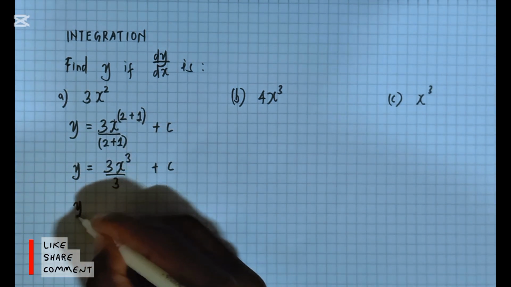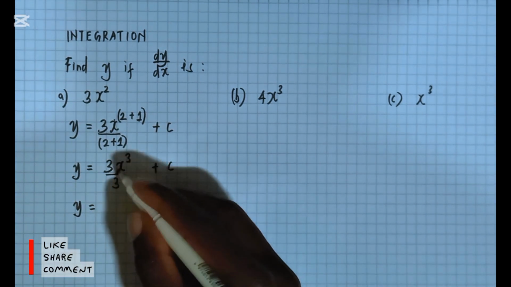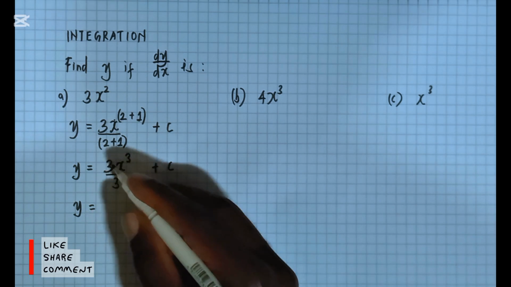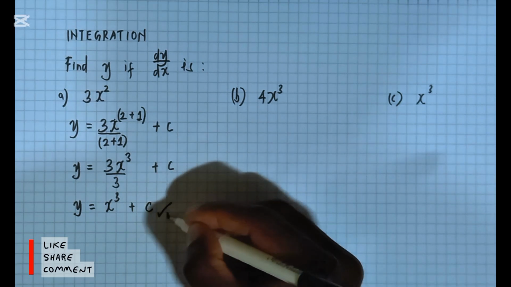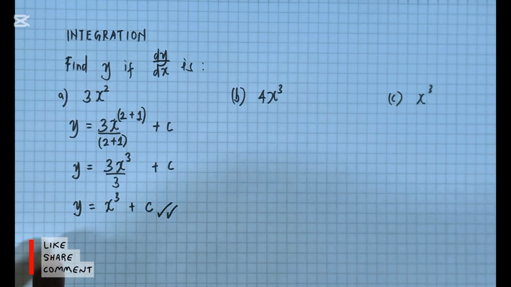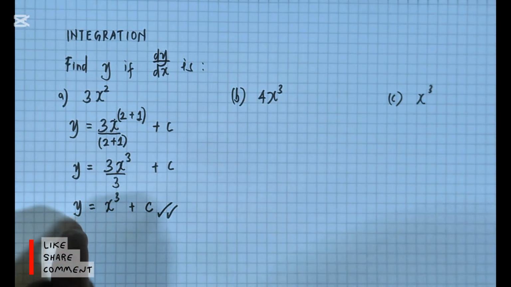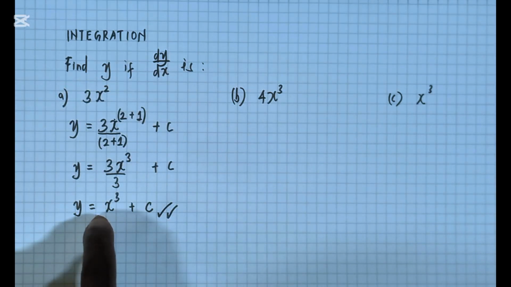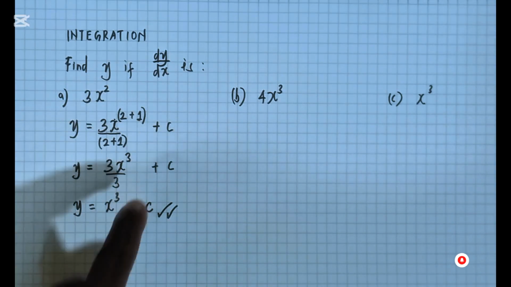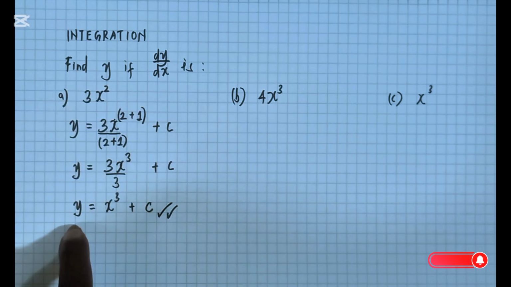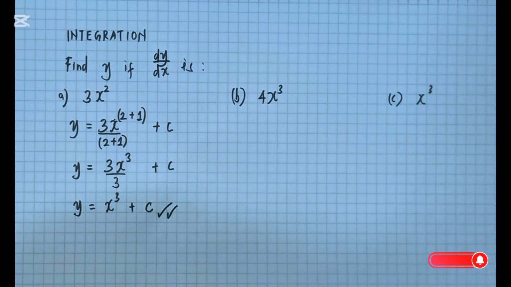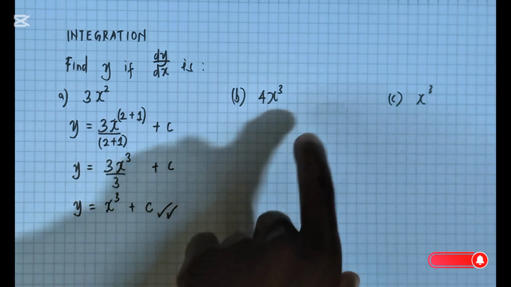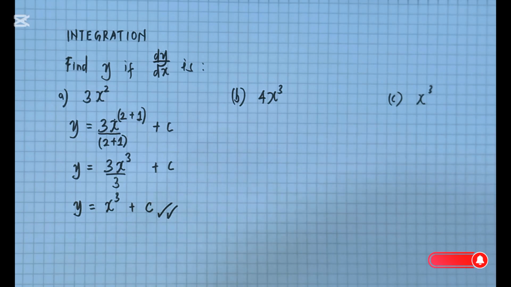We can simplify: 3 divided by 3, and the value of y in this case will be x cubed plus c. And so that is the integral function of dy/dx for the first problem, 3x squared. So our y will be x cubed plus c, given that this is an indefinite integral function.